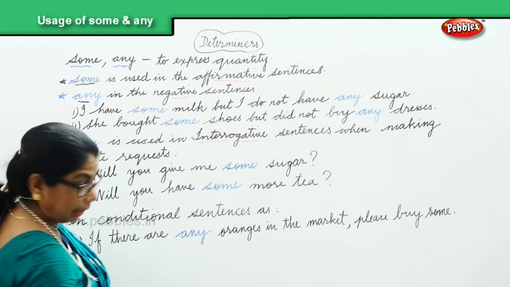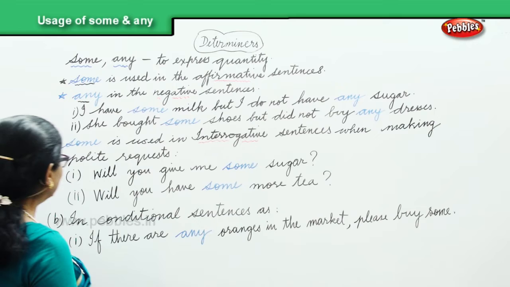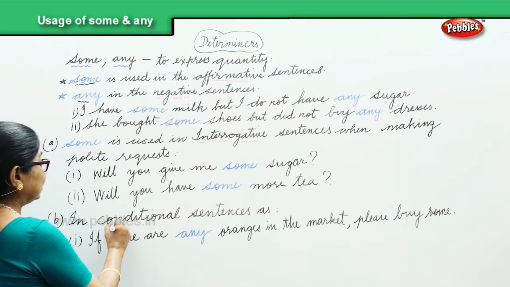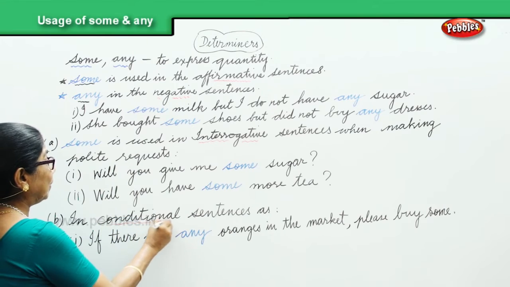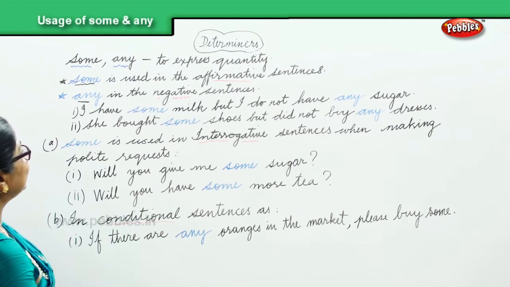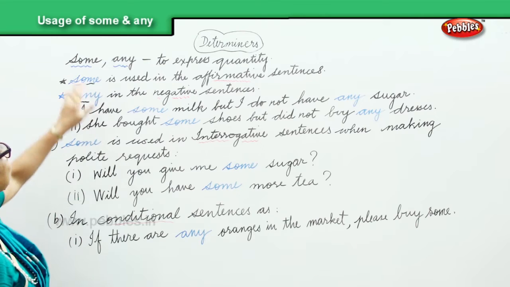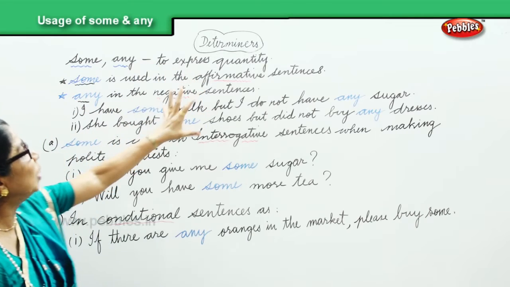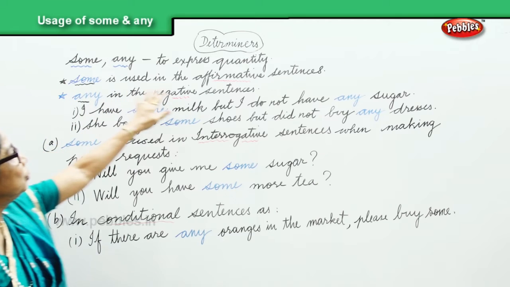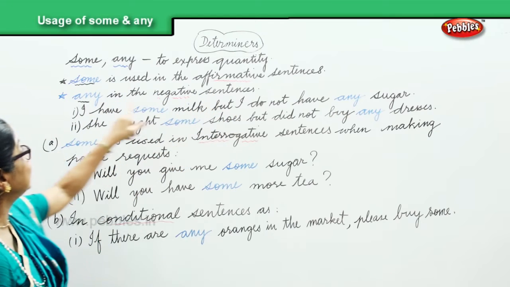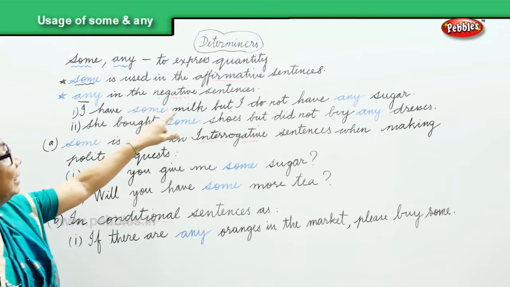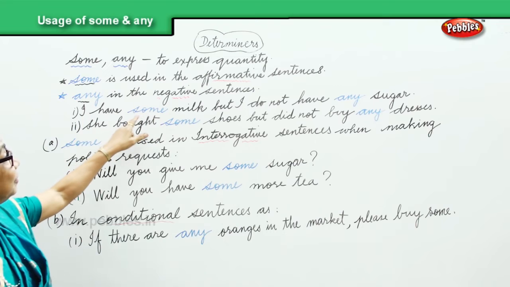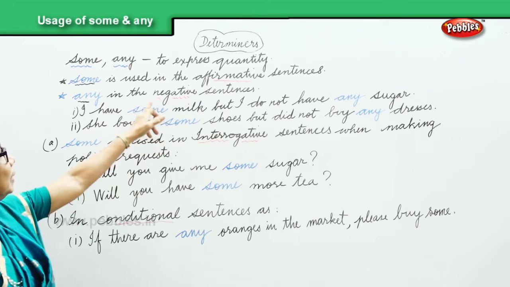Now, what are we looking at? Here, in the conditional sentence, if there are any oranges in the market, buy some. Here some and any express quantity. Some is used in the affirmative sentences, any in the negative sentences. I have some milk, but I do not have any sugar.